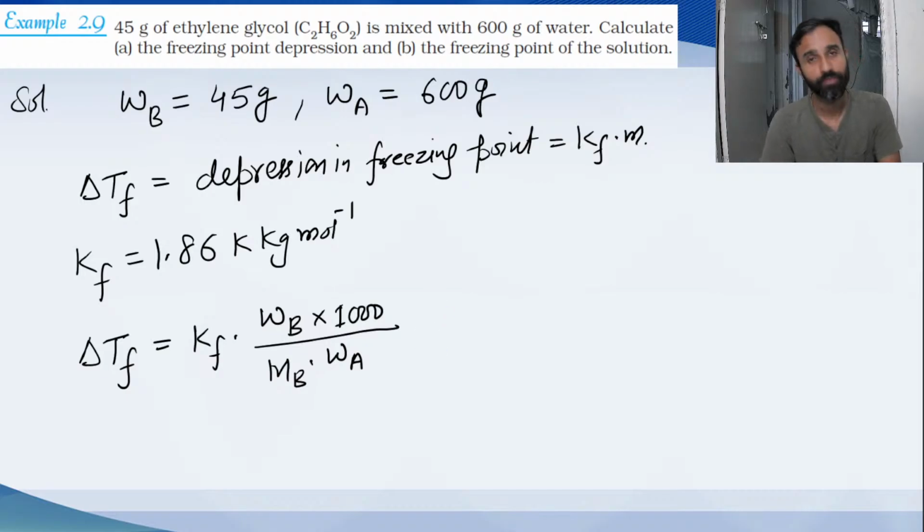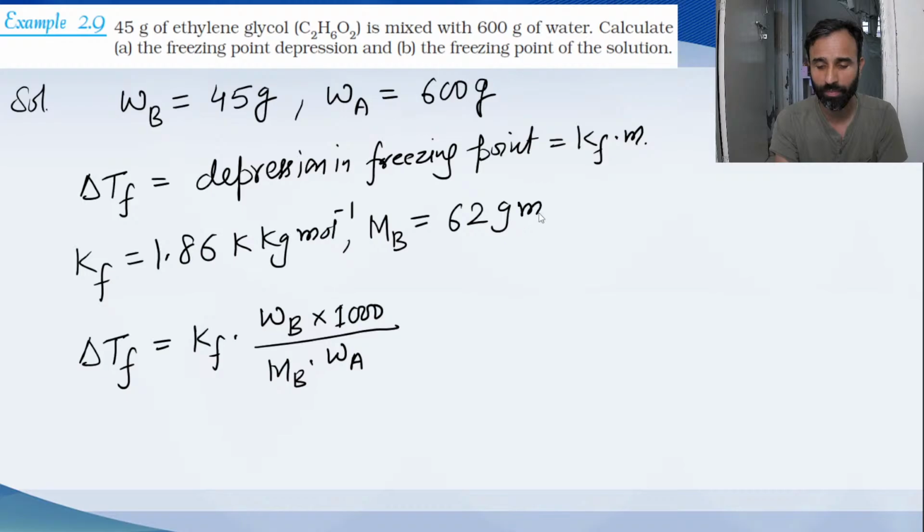Kf we have, WB we have, WA we have, but MB we don't have. So just calculate MB. We have already calculated it. 24 plus 6, 30 plus 32, that is 62 gram per mole. That is the molar mass of ethylene glycol.